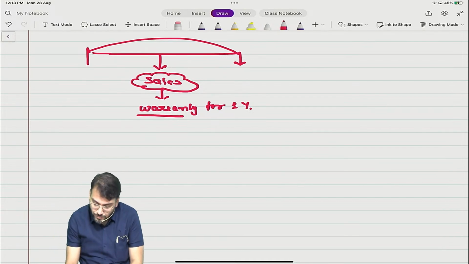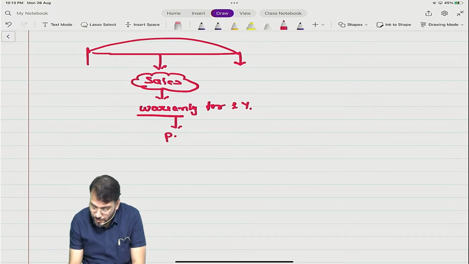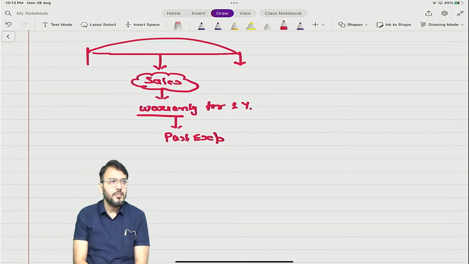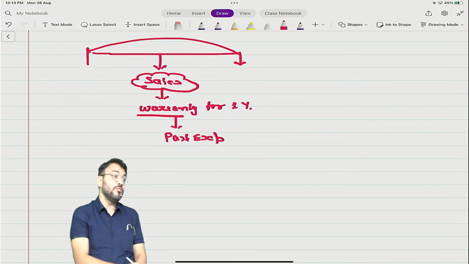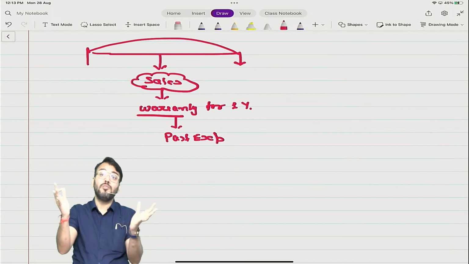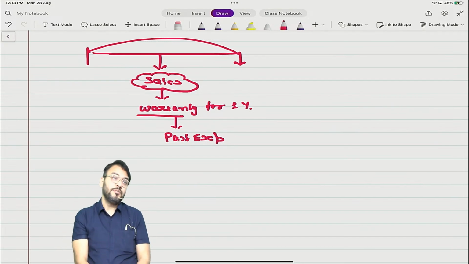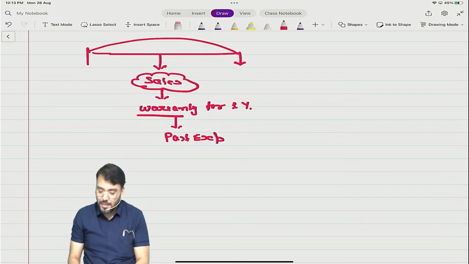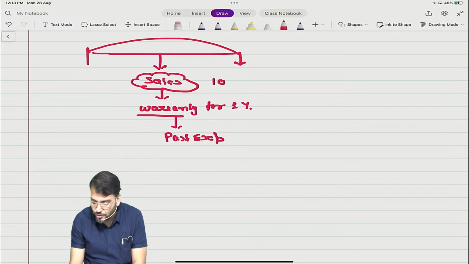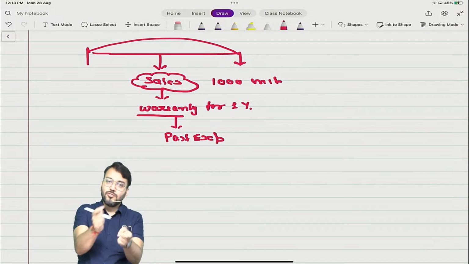So what will we do? Based on past experience. So we'll ask management, based on past experience, how much customer will come with defect. So as per past, suppose 1000 units were sold during the year. Let us assume, in this year 1000 units were sold.